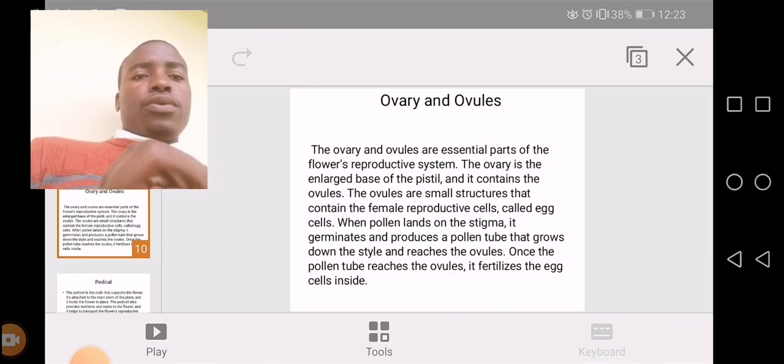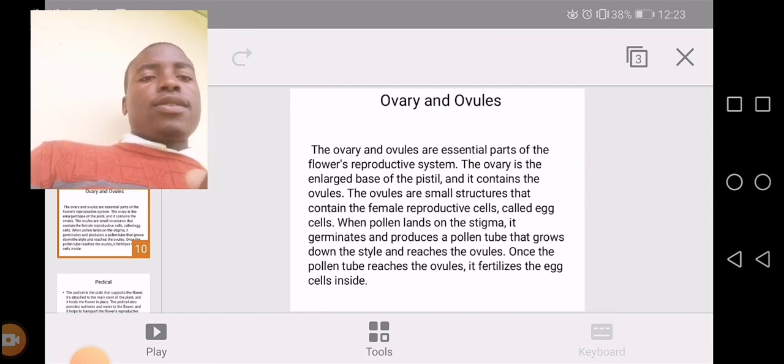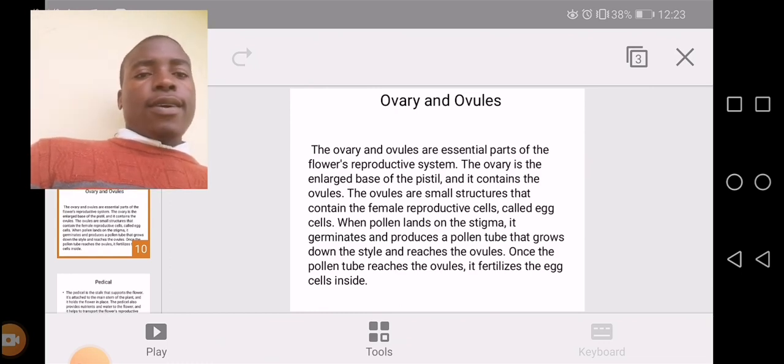Ovary and ovules. The ovary and ovules are essential parts of the flower reproductive system. The ovary is the enlarged base of the pistil and contains the ovules. The ovules are small structures that contain the female reproductive cells called egg cells.